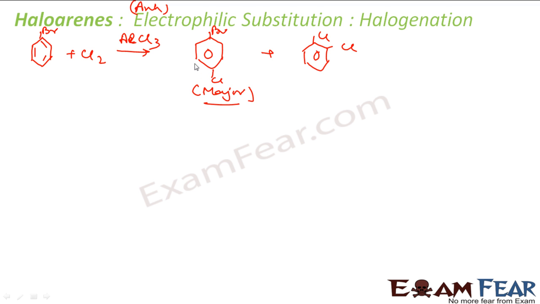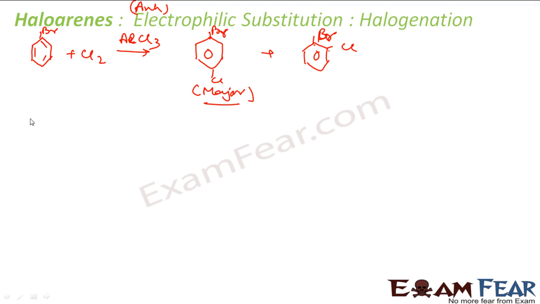This is 1,4-dichlorobenzene, and this is 1,2-dichlorobenzene. Sorry, this will change. This will be 1-bromo-4-chlorobenzene and 1-bromo-2-chlorobenzene. That will be the name of this compound.